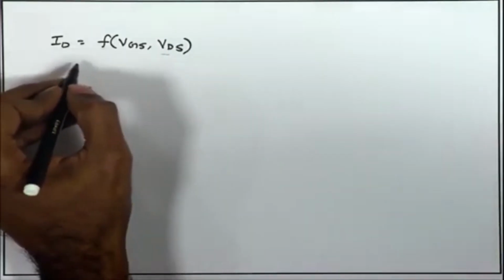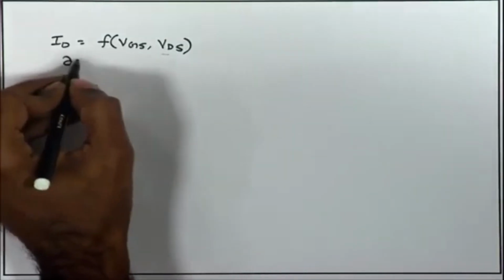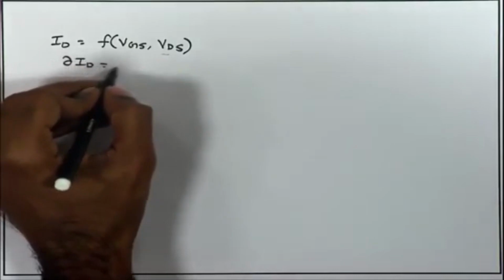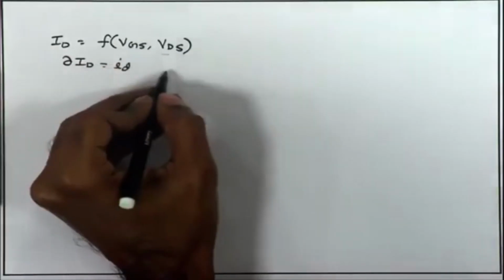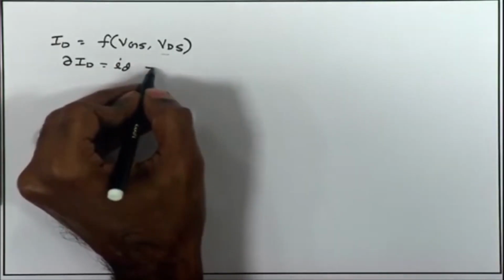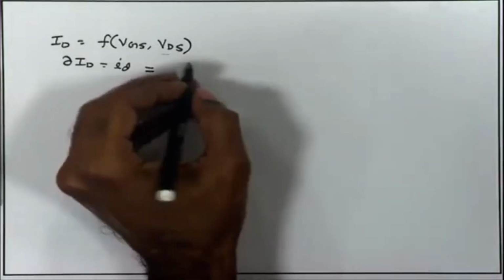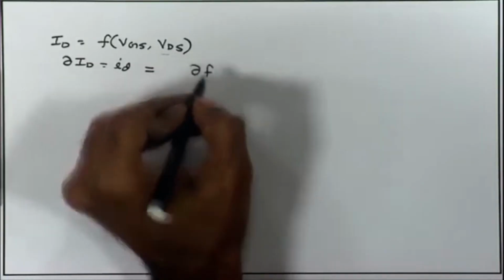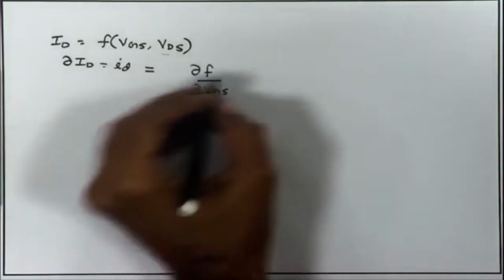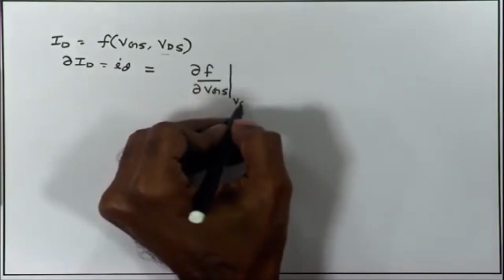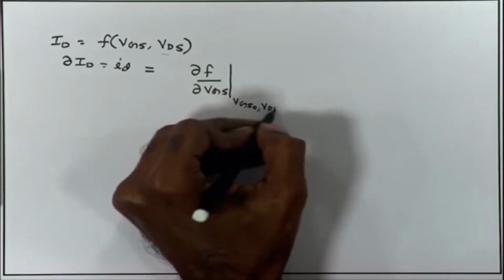So, if I have to say what is the small signal current, this is a function of two variables. What is the small change in current delta Id, which I am calling as small Id, resulting from small changes in these two quantities. So, to a first order approximation, if I just take Taylor series expansion, I can write this down as del f by del Vgs at a particular DC point Vgs naught and Vds naught.